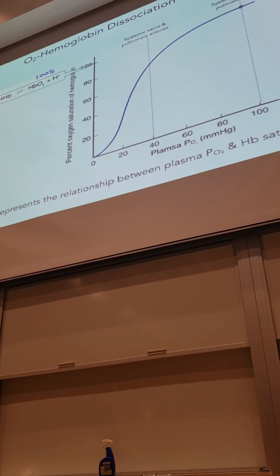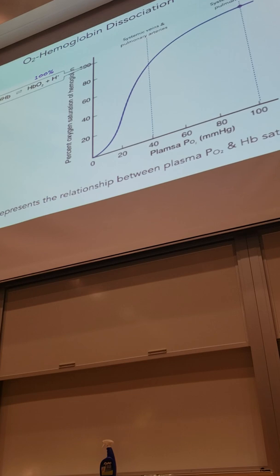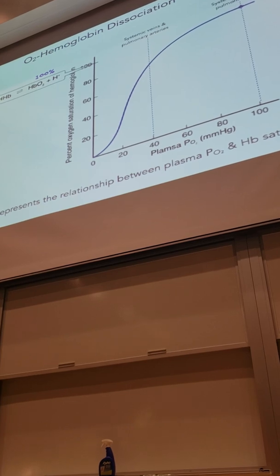And so at 100, we've got blood leaving the pulmonary capillaries, comes back, pulmonary veins, left side of the heart, aorta, systemic arteries, right? Up until we get to the systemic capillaries. Okay, so it's going to fluctuate between those two PO2s.